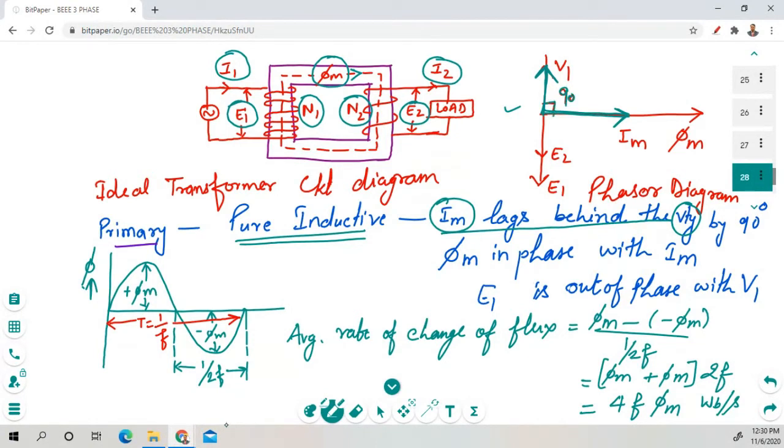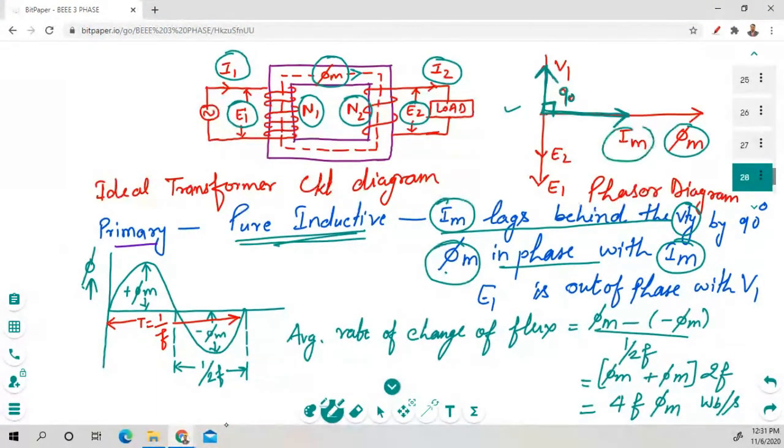So from the definition of RL circuits or a purely inductive circuit, you can draw the phasor diagram like this. Whereas the flux phi m is in phase with Im, as we have seen in the resistive components.